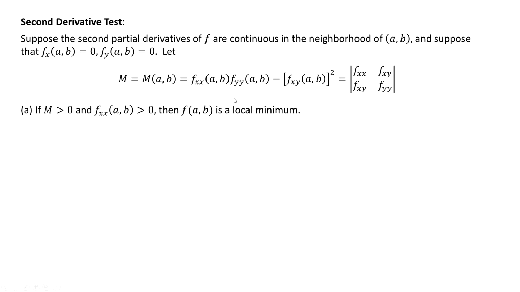If M happens to be greater than 0, and in addition f sub xx of (a, b) is greater than 0, then we can say f of (a, b) is a local minimum. If one of these second derivatives is greater than 0, and in addition you must have M, this determinant, greater than 0, then you can confidently say f of (a, b) is a local minimum.